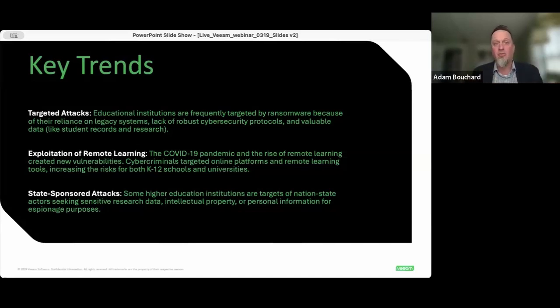Everybody having to stay within campus or be completely remote really opened the door to those cyber attacks and showed the vulnerabilities we have in the education market. And of course, there are state-sponsored attacks, with some higher education institutions being tied to larger attacks for, say, the state government or even beyond that. Those key trends we've certainly seen grow over the last handful of years, particularly since the pandemic of 2020.